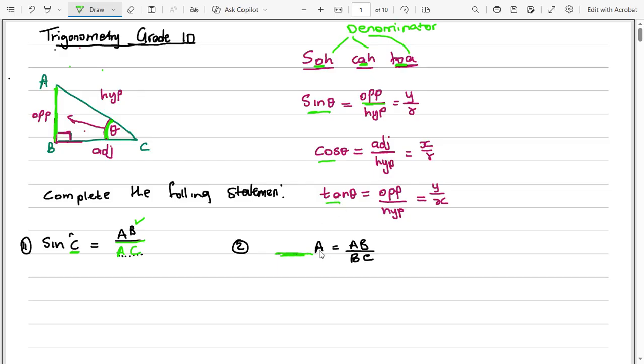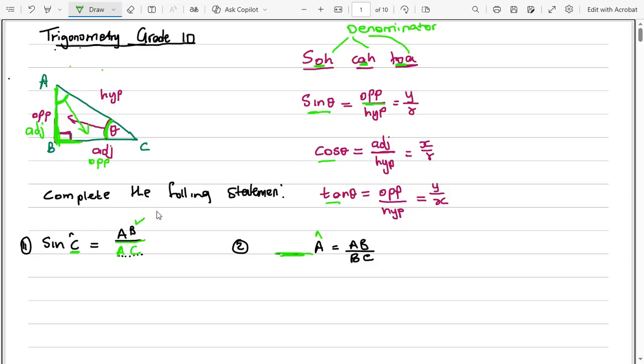They say the angle that we are using is angle A. So if this is my angle A, what will be your opposite? Also BC. Exactly. This will be your opposite. And then remember, I said the 90 degrees is between opposite and adjacent. This will be your adjacent. So since you have your opposite and adjacent, what's next?